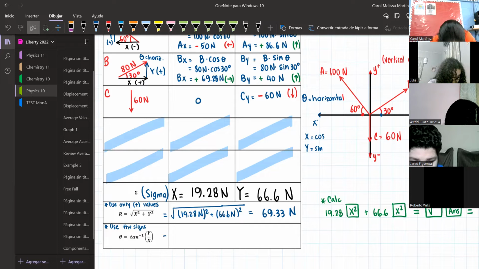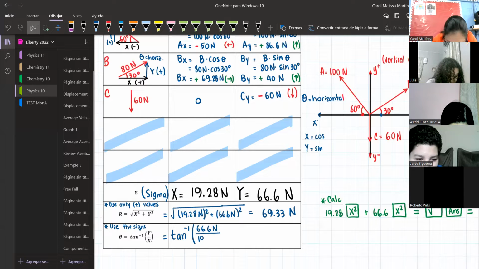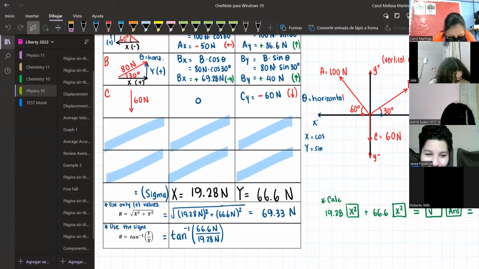This is equal to arctangent of y, that is 66.6 Newton, divided by x, that is 19.28 Newton. Here you're going to cancel out newtons with newtons.